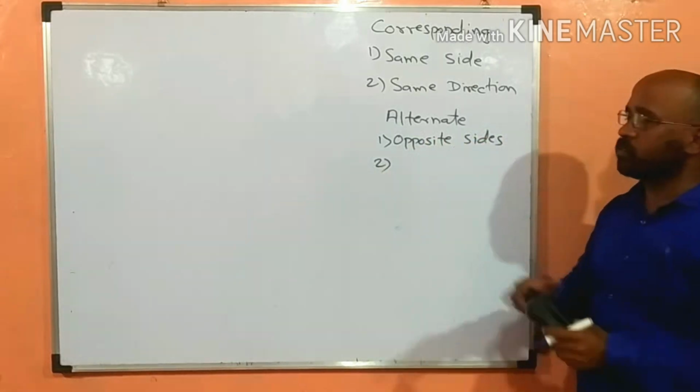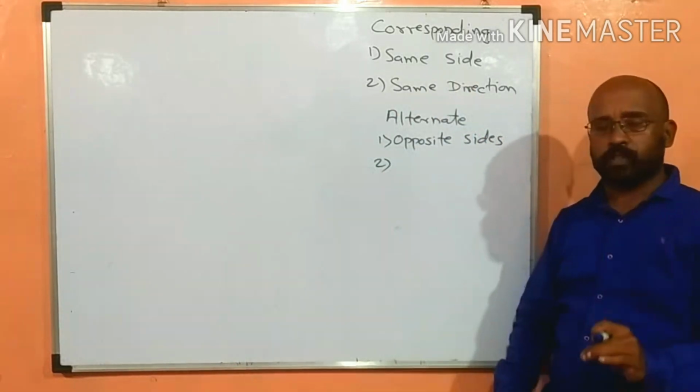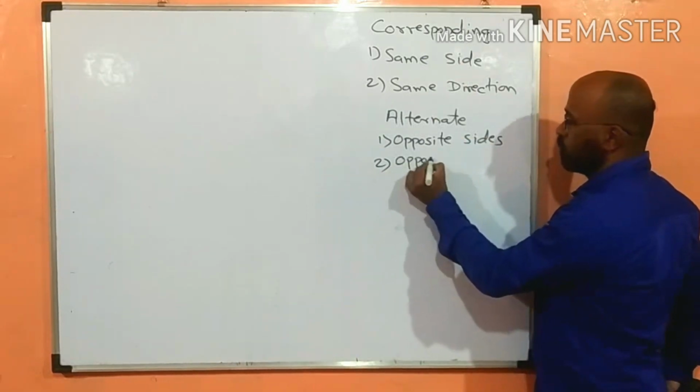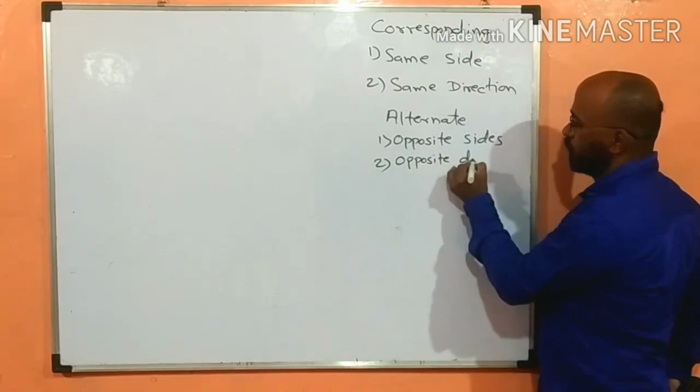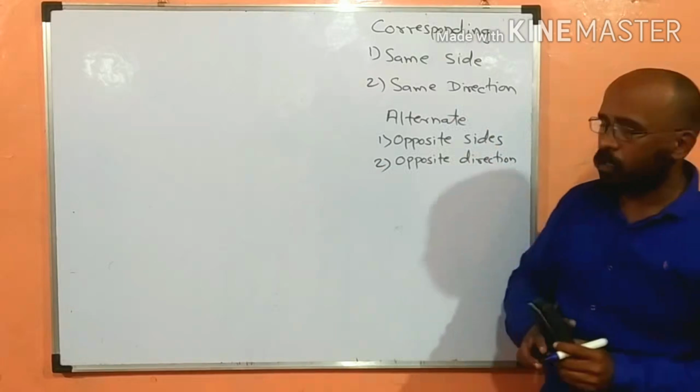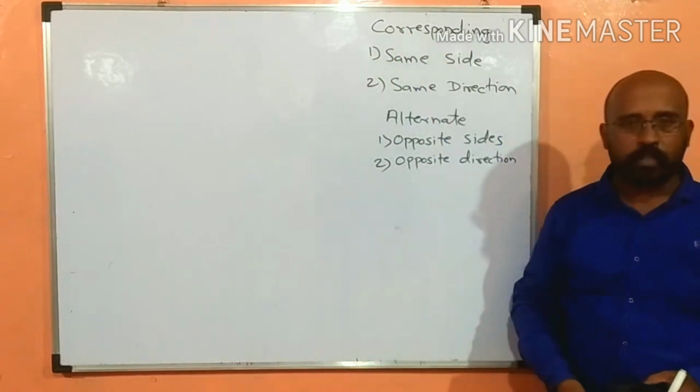As well as their direction on the transversal also is opposite. So somehow you can say alternate angles are like contradictory angles of corresponding angles.